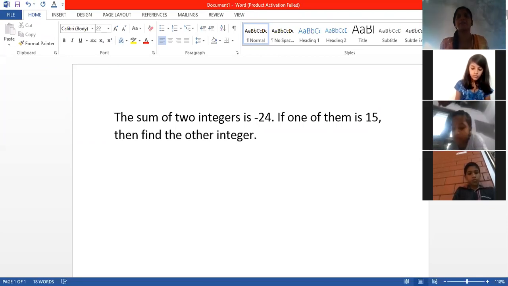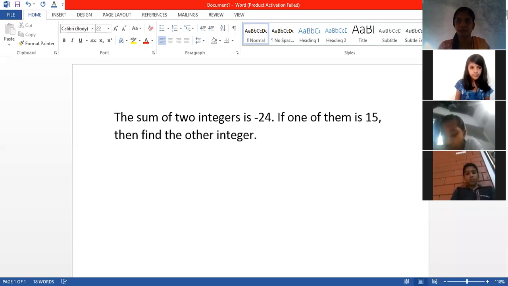Write this question and find out the answer. It is like the same question you just did. It is the same method. Write the question and find out the answer. The sum of two integers is minus 24. If one of them is 15, then find the other integer. Make it fast. We have only 8 minutes more.